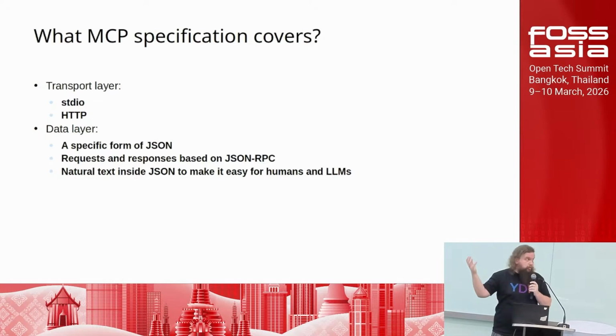The data layer over this transport is basically some specific form of JSON, nothing to write home about, just the industry agreeing on how exactly these requests are passed between applications. But the important part in the data layer is that the fields inside this JSON are in natural language, in English or any other language. That's the secret sauce that allows the large language model to understand which tool is relevant to this particular prompt and which are not.